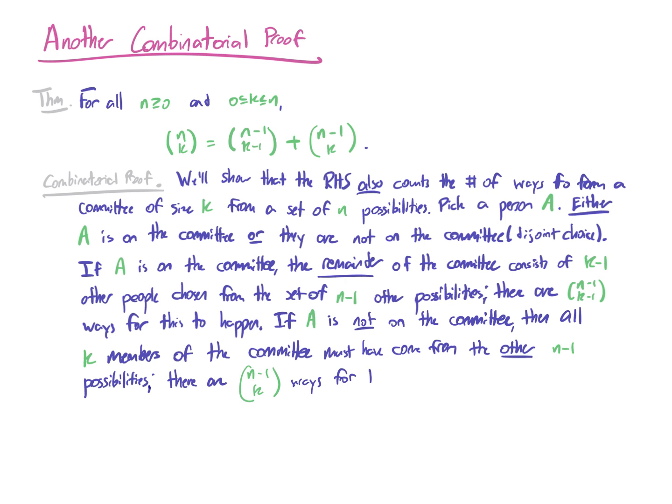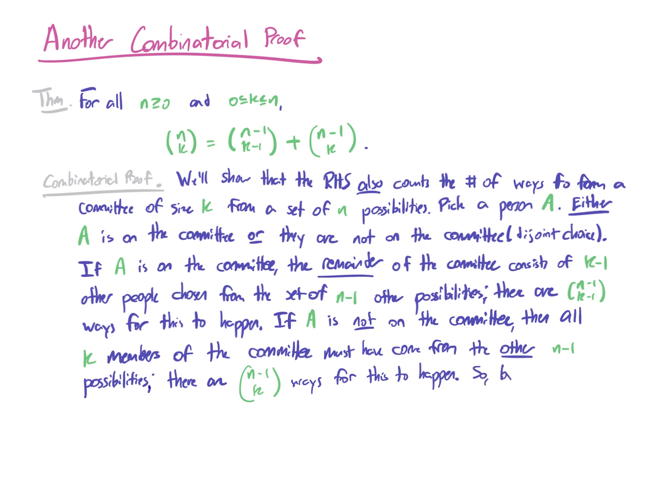But now I have this disjoint choice. Either A is on the committee or not on the committee. Those can't both be true, and one of them must be true.